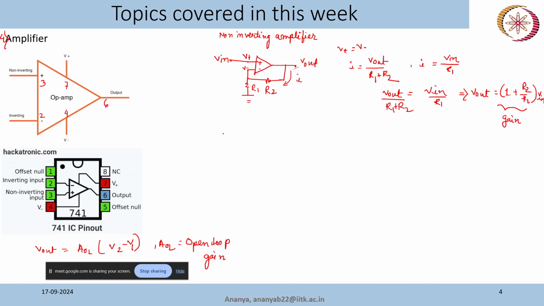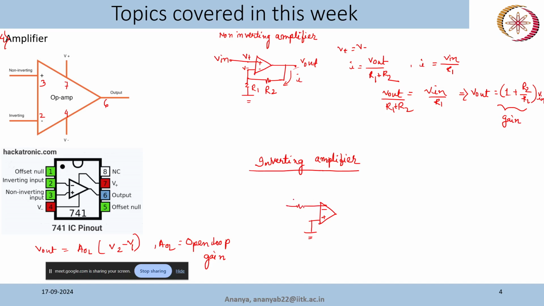Next configuration is the inverting amplifier. In an inverting amplifier, we apply the input signal to the inverting terminal. So this is minus, this is plus, and the non-inverting terminal is grounded.